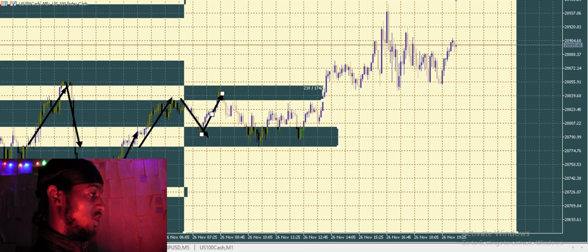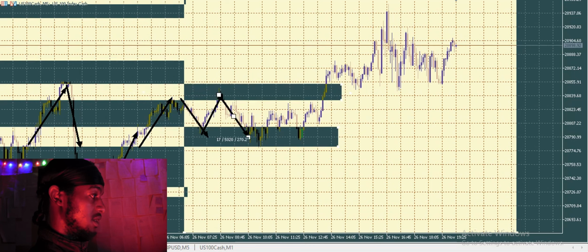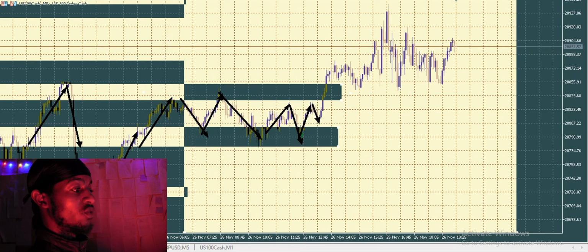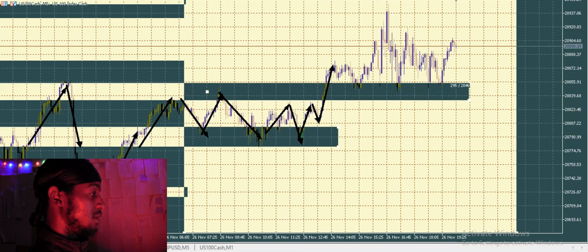Started ranging in between those two imbalances, until price finally drove through and up above the imbalance on the higher level.